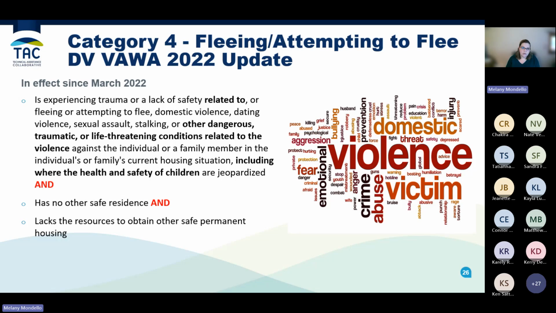So the new definition as it's written with the VAWA update is people experiencing trauma or lack of safety related to, or fleeing or attempting to flee, domestic violence, dating violence, sexual assault, stalking, or other dangerous, traumatic, or life-threatening conditions related to violence against the individual or family member in the individual or family member's current housing situation, including where the health and safety of children are also jeopardized.